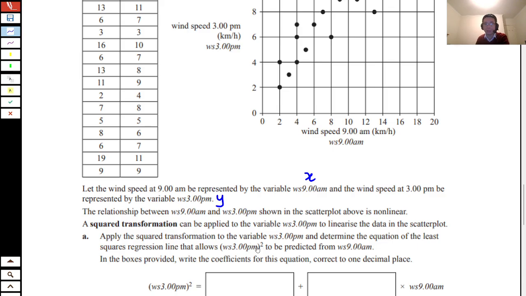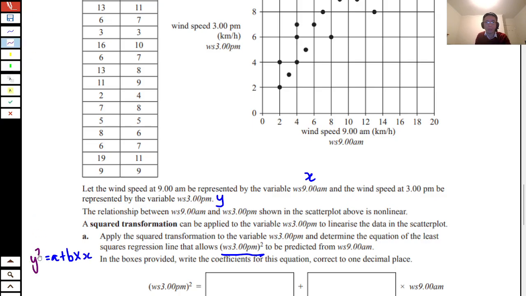So we are told that we are going to apply the squared transformation to the 3 p.m. wind speed. So that means, again, it is y squared versus x. It's this equation that we are analyzing.